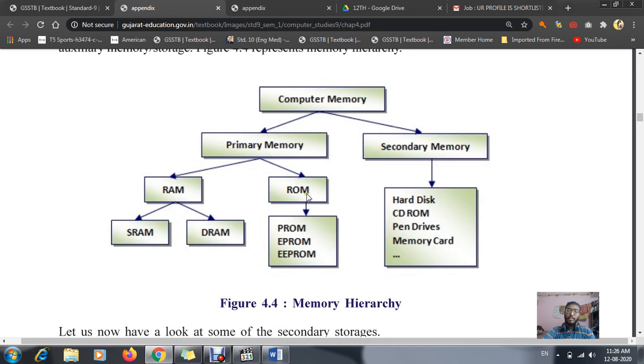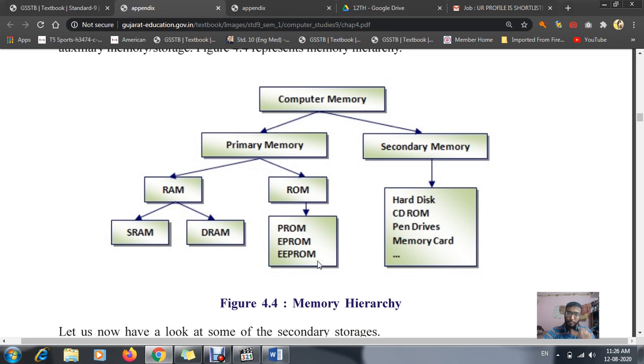Then comes ROM, which is divided into PROM, EPROM, and EEPROM. PROM is programmable read-only memory, EPROM means erasable programmable read-only memory, and EEPROM means electrically erasable programmable read-only memory. This was the whole concept which we learned in your previous period.